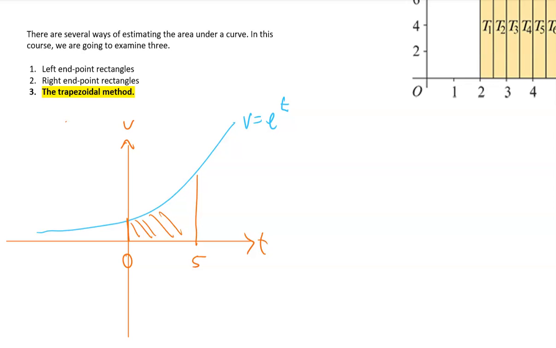I want to know that area there. How on earth do I do that? Because it's not straight. I've only got formulas for straight lines.